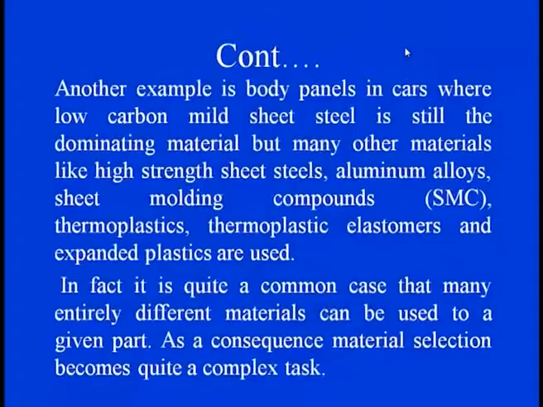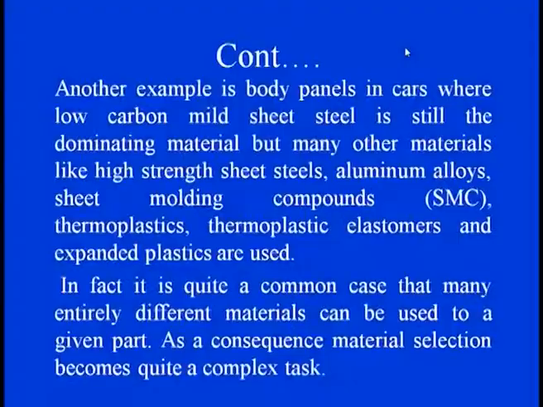We can take the next example, like the body panels in cars, where low carbon mild steel sheet is still the dominating material, but many other materials like high strength sheet steels, aluminum alloys, sheet molding compound (SMC) components, thermoplastics, and even thermoplastic elastomers, which sometimes provide good elastic properties, along with expanded plastics, can also be used in these body panels.